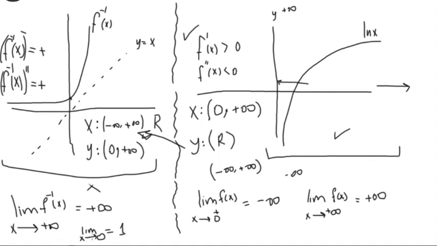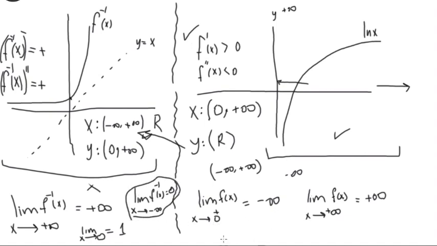And when we take the limit as x approaches negative infinity of the inverse, it would be 0, because when we approach from negative infinity, it would be 0. So you know that these two are flipping.